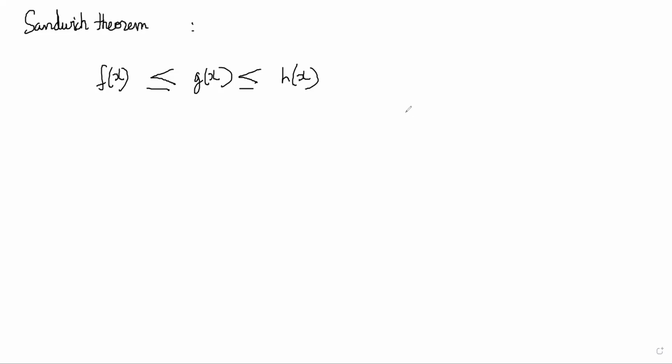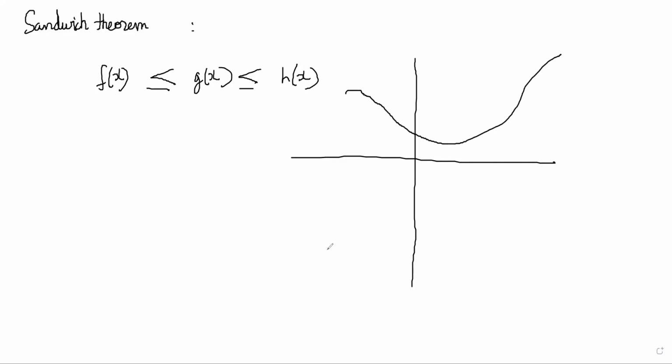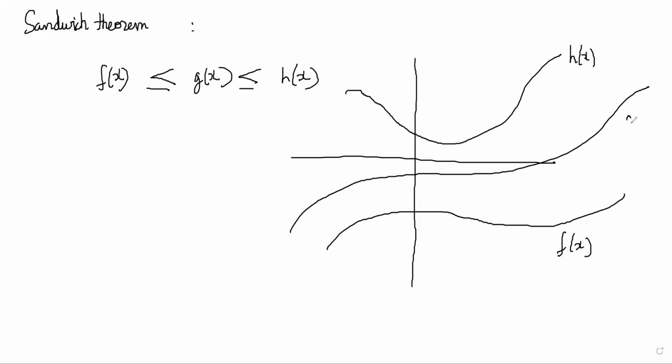So the graphs will be in some way like this. This is h(x), this is f(x), so g(x) must be in the middle. Now, this could be any three functions which satisfy this condition.